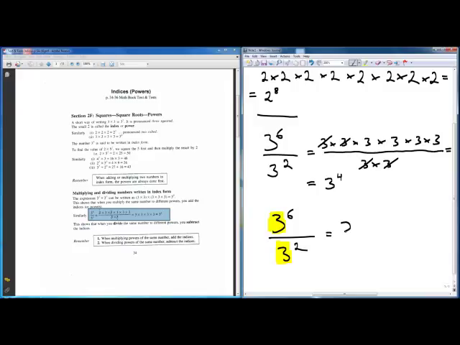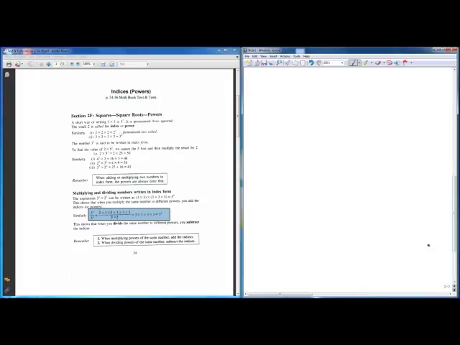So first 3, and then we take the 6 minus this number 2, minus the indices. 6 minus 2 is 4. 3 index 4. So we don't have to do all this work every time to get the answer. So we can just do it like this, and the answer is 3 index 4. Okay.